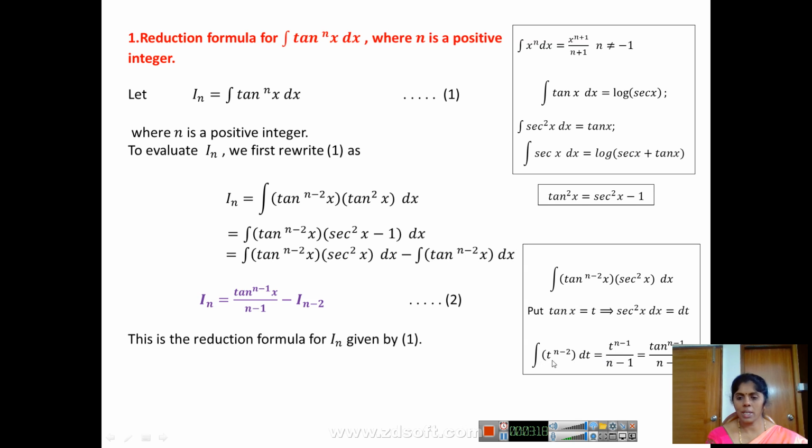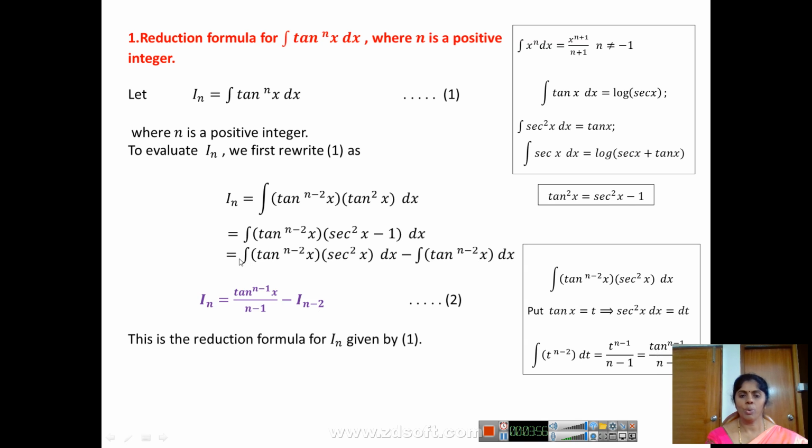Under the integral, we are already aware that integral of x to the power n dx is x to the power n plus 1 whole divided by n plus 1. Applying the same formula, integral of t to the power n minus 2 dt is t to the power n minus 2 plus 1, that is t to the power n minus 1, whole divided by n minus 1. Since t is tan x, this is tan to the power n minus 1 of x divided by n minus 1.